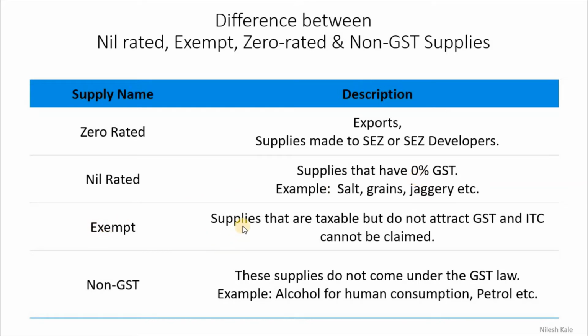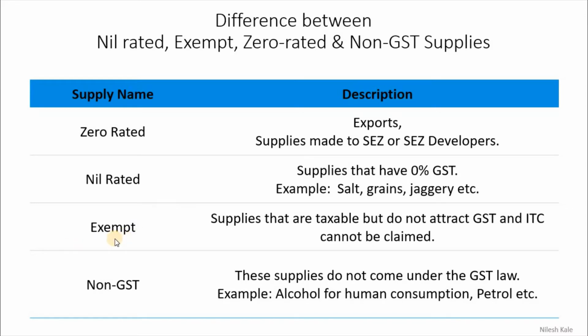Exempt supplies. Supplies that are taxable but do not attract GST. I repeat, supplies that are taxable but do not attract GST, and ITC cannot be claimed because such goods are exempted. Why do you not pay the GST on exempted supplies? It is because the GST Act says so, or the notification given by the government says so.